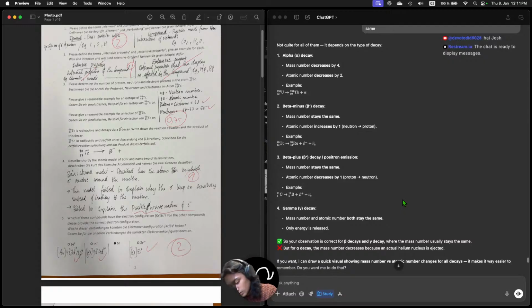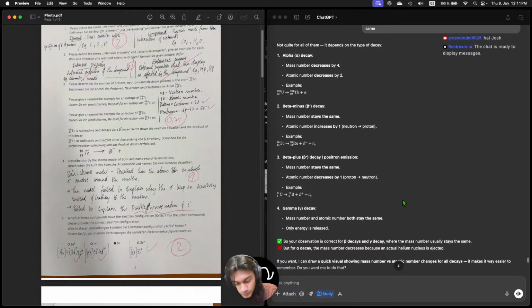Beta minus decay. Mass number stays the same, okay. So neutrons plus protons.